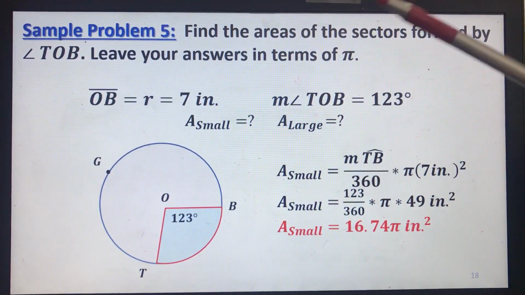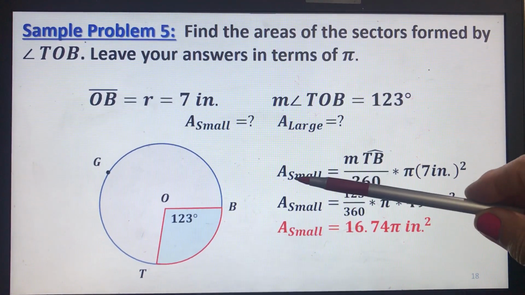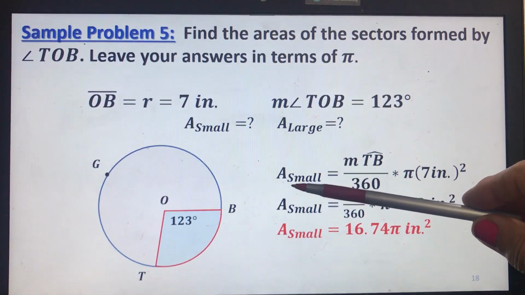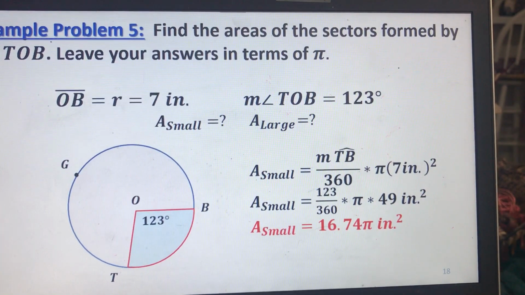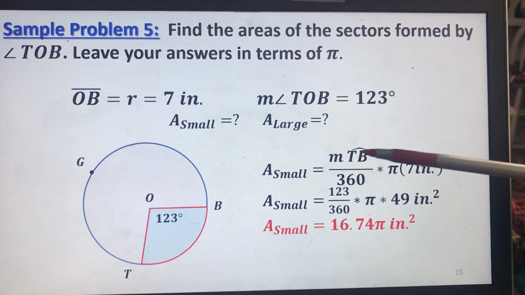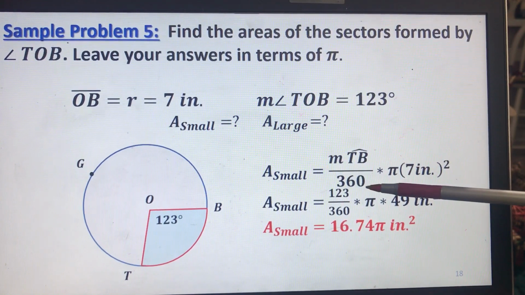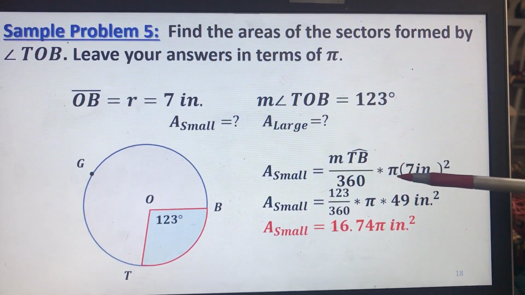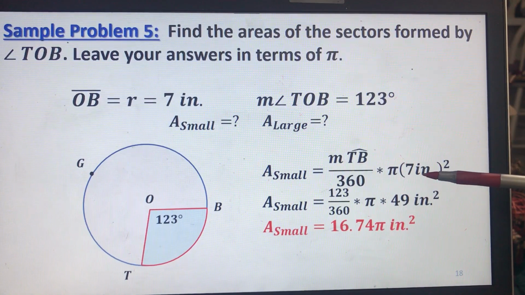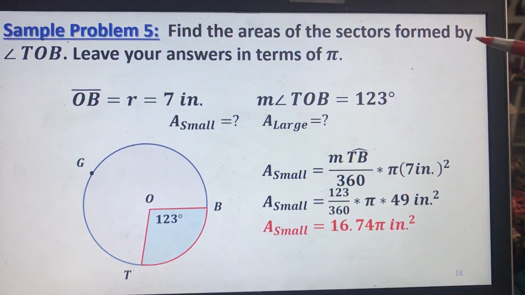So we apply our formula. In order for us to find the area of the small sector, it's going to be the measure of minor arc TB divided by 360 times pi times the square of the radius, which is given. It's 7.